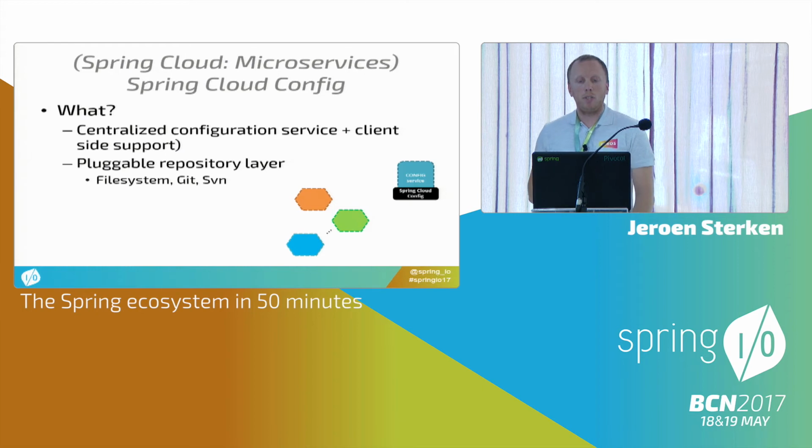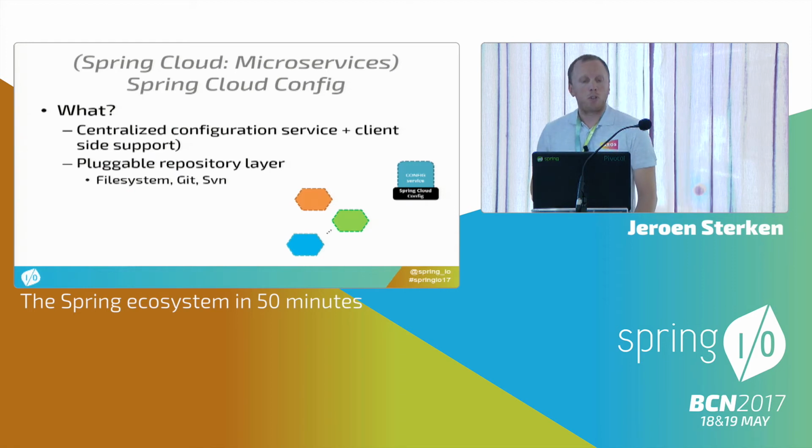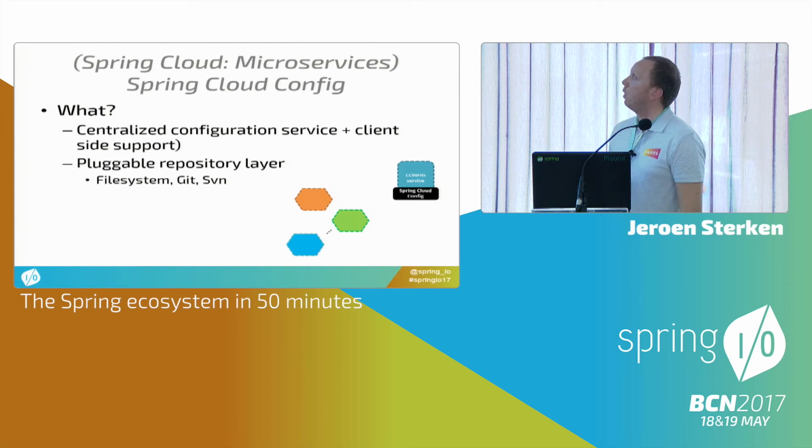So another thing that we have to do, as I said before, is try to avoid this problem of configuration being spread out over the different microservices. So we want to do it centralized probably. And there we have Spring Cloud Config allowing us to do just that. And the idea is that you have integration with your different clients.